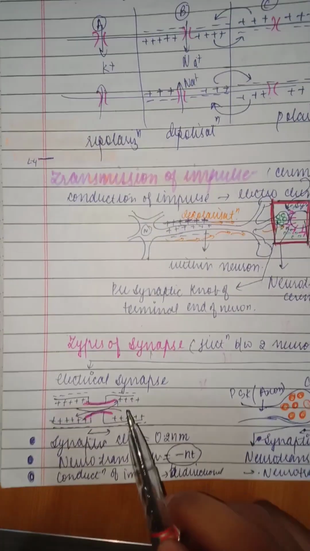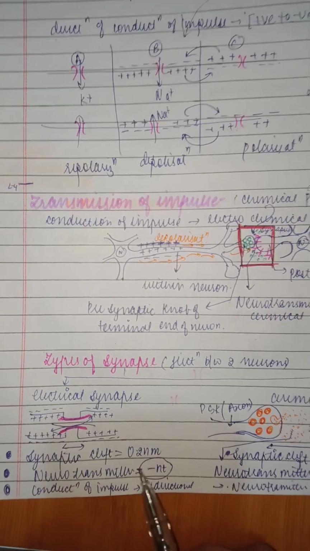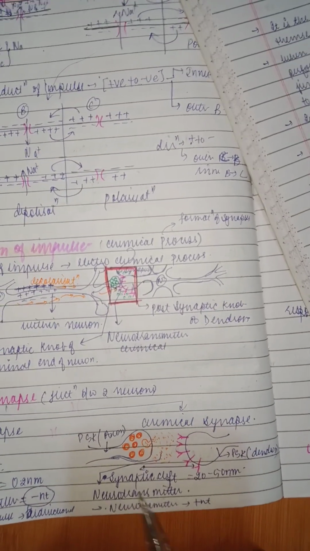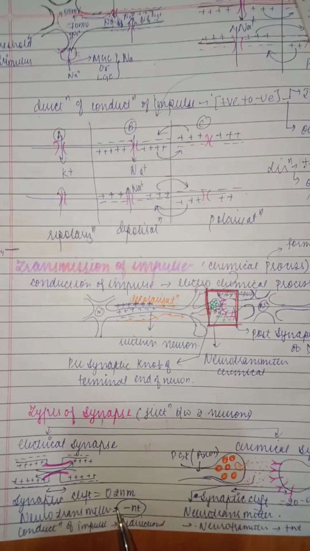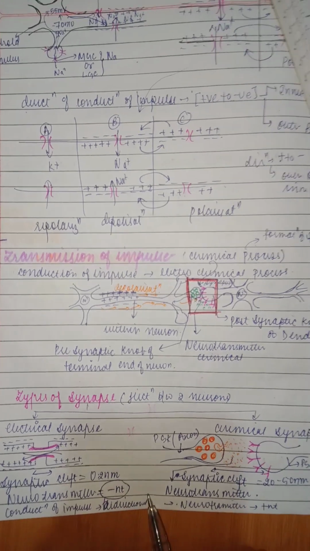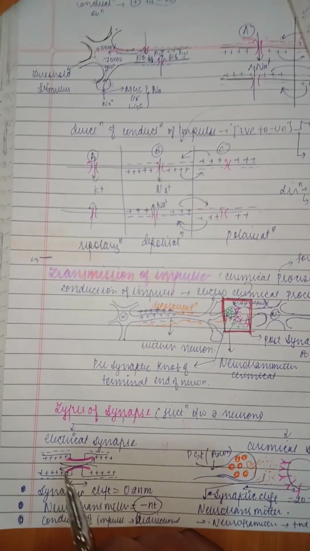In an electrical synapse, the neurotransmitter is absent, but in the chemical synapse the neurotransmitter is present. In an electrical synapse, the conduction of an impulse is bidirectional. Either it goes in this direction or it goes in this direction.